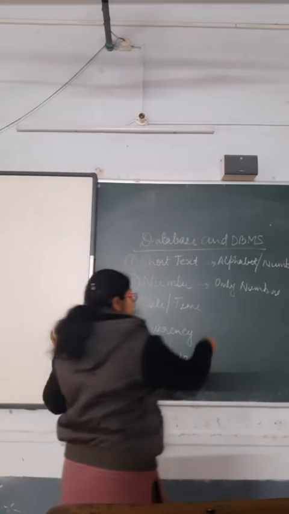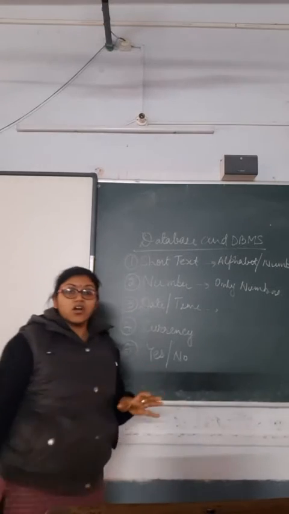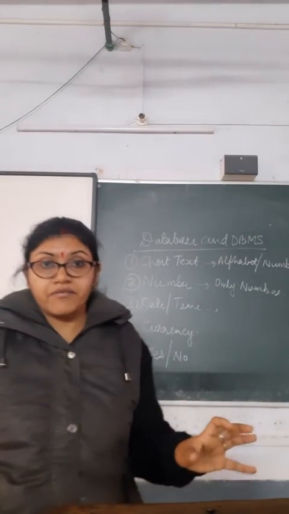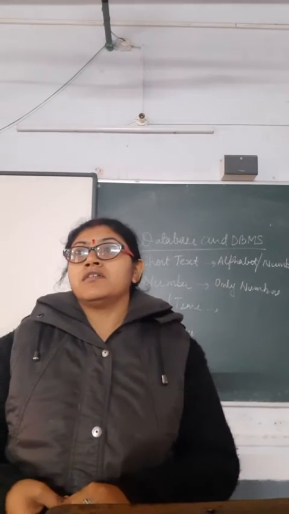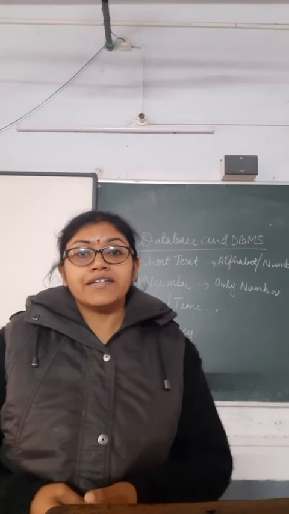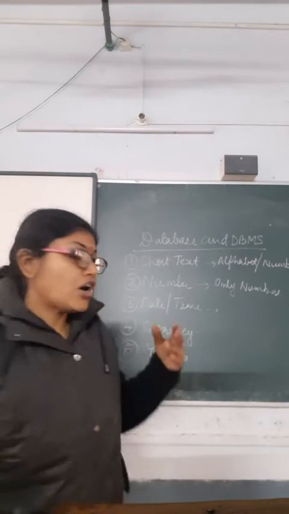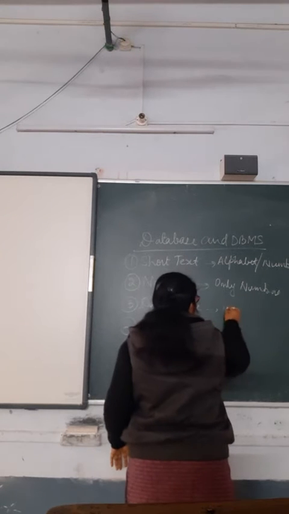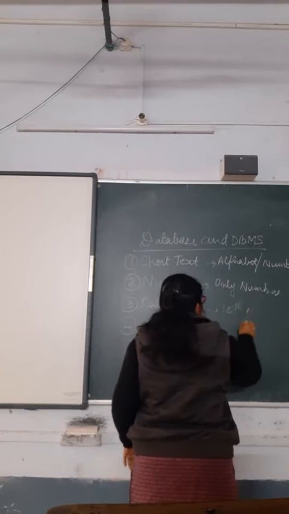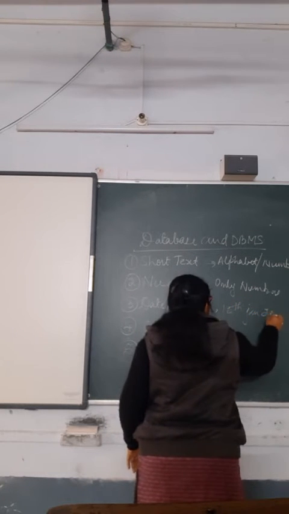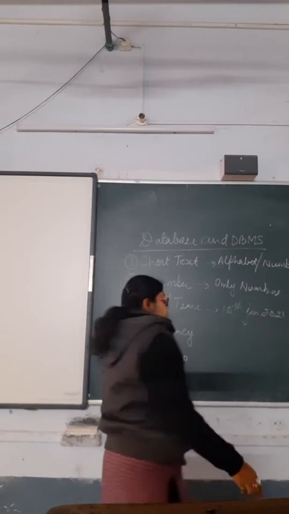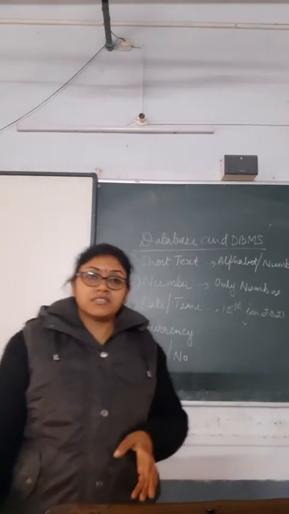Then comes the date and time, when we are giving the date or any time to the particular thing. When we are creating anybody's profile, then we have to give the date of birth also. So how we write the date of birth in any format, like 15 Jan 2021. This is the format.